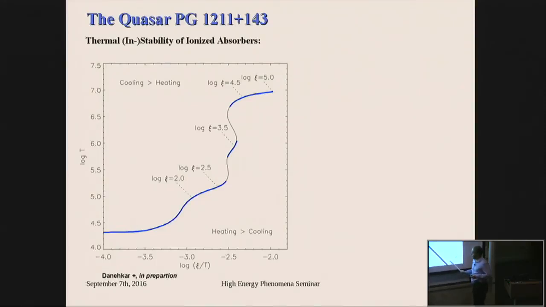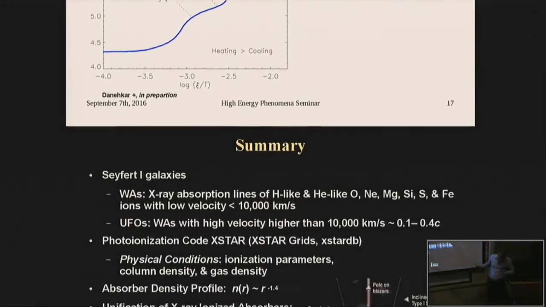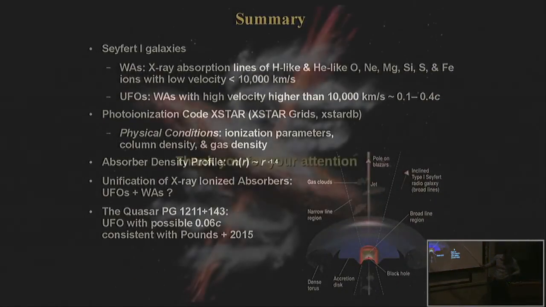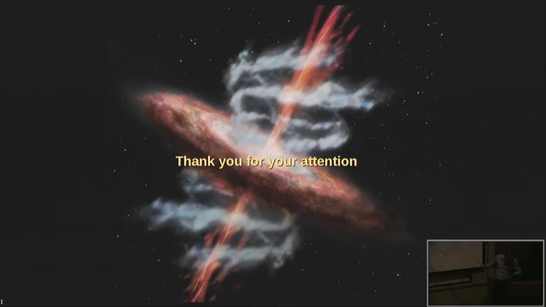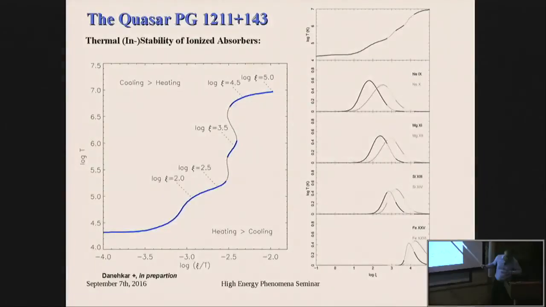If there is iron, it could be here, because the iron only exists in this region, while other components can exist in this region.